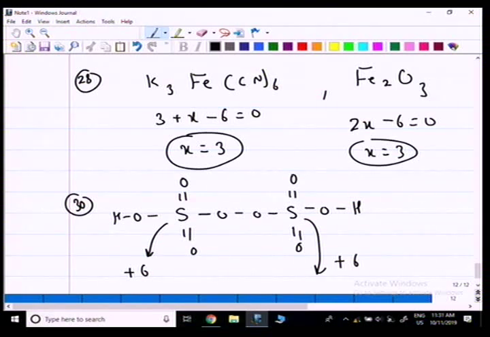In the question number 52, the question is, in which of the following H2O2 acts as a reducing agent? Guys, for these kind of question, you have to just determine the oxidation states and check of which of the following species is getting oxidized and reduced. You have to check option wise.